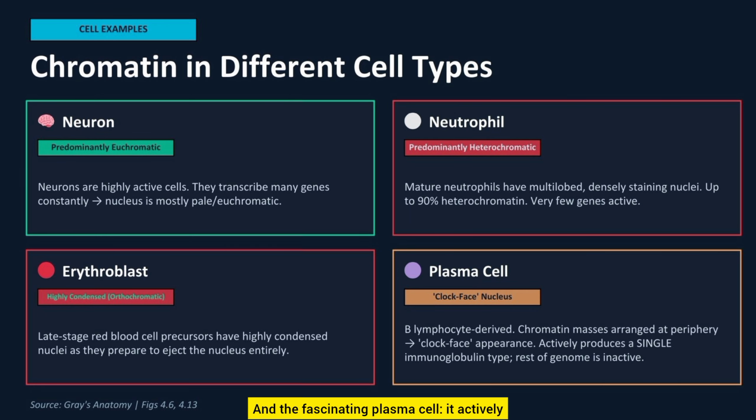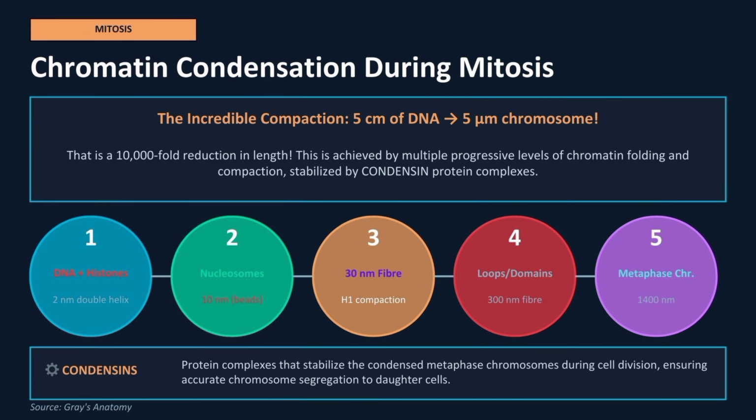And the fascinating plasma cell: it actively produces a single immunoglobulin type, but most of its genome is silent. The condensed chromatin forms regular masses around the nuclear rim, giving it the classic clock-faced nucleus, a pattern you must know for histology.